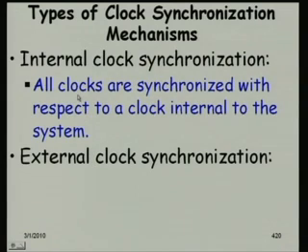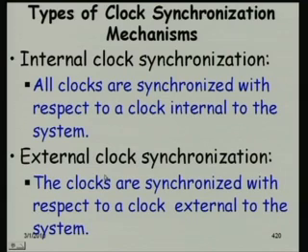Okay, so in internal clock synchronization, all clocks are synchronized with respect to a clock internal to the system, whereas in the external clock synchronization, the clocks of the system are synchronized with respect to some clock which is external to the system. For example, UTC, but it can be any other clock.